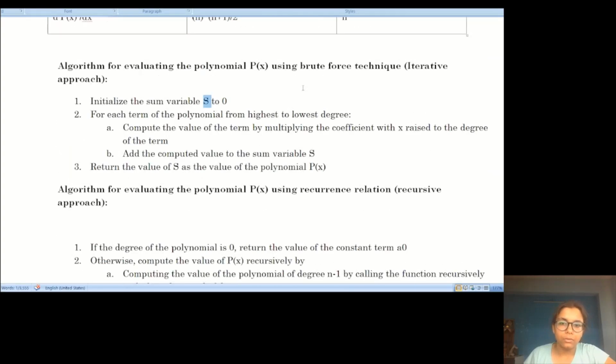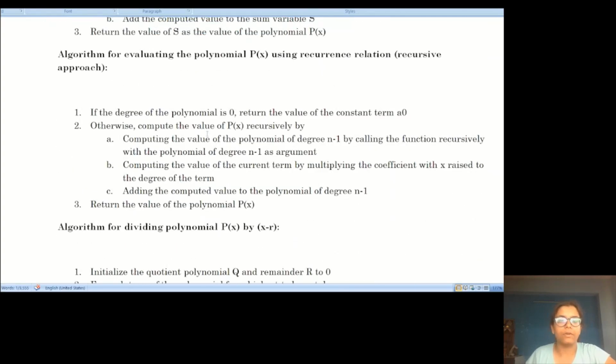So for that we have to compute the value of the polynomial till the degree n minus 1. And how can we do that? We have to call the function recursively with the polynomial that has n minus 1 as argument.